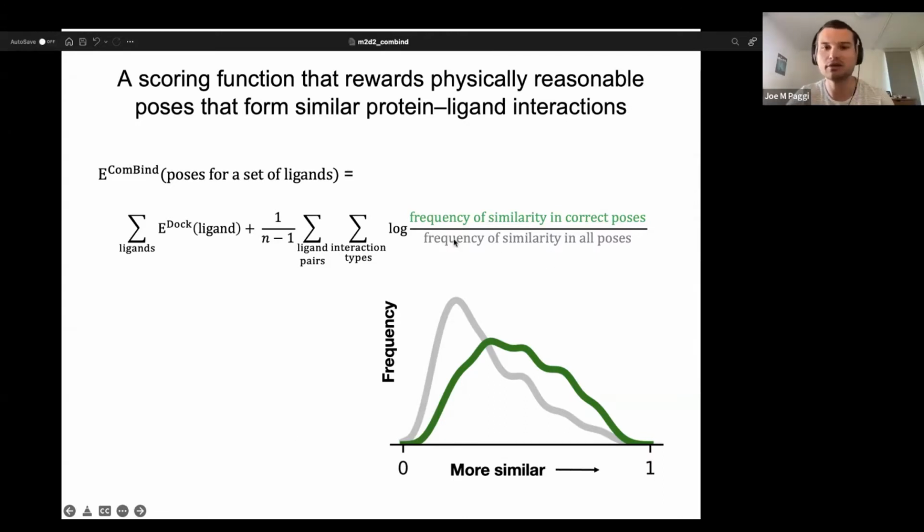Yeah, sorry. So to be clear, this is the frequency of similarity in the correct poses. One thing that's going on is that the arguments here are the ligand pairs, so it's going to be one of these similarities.